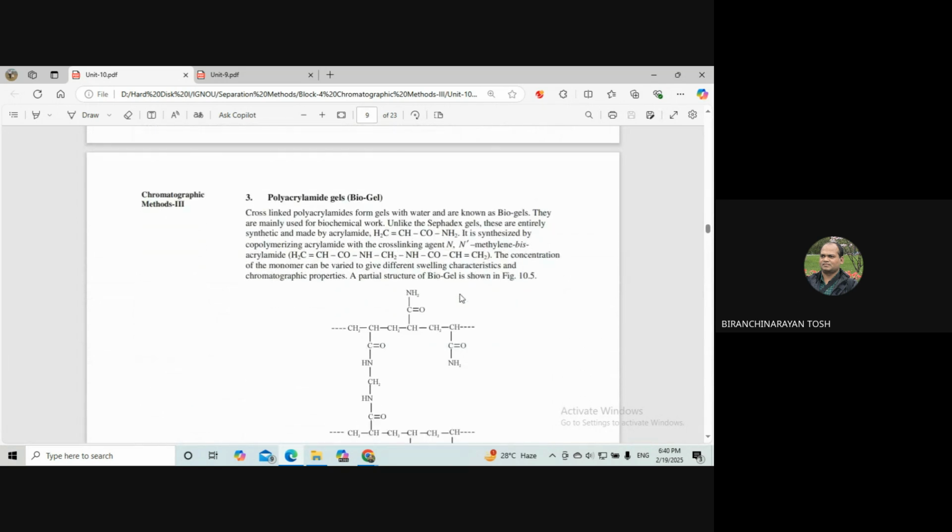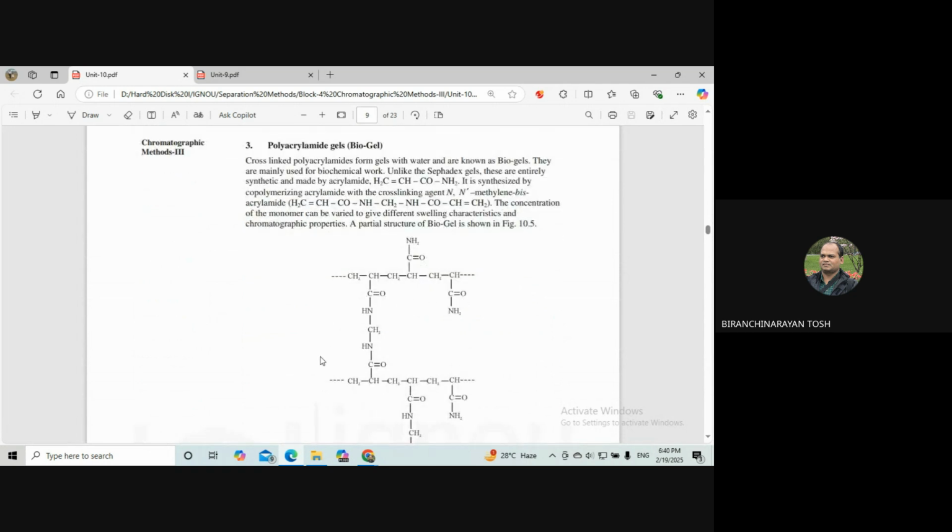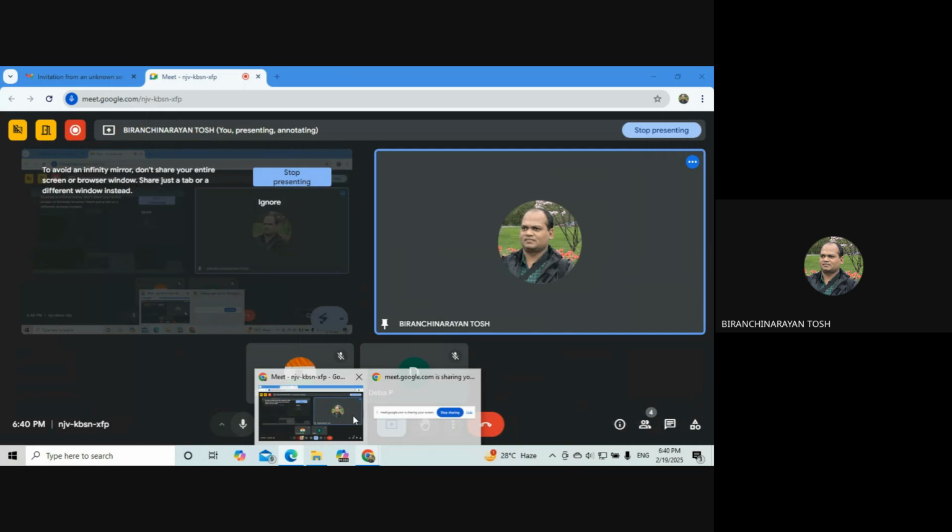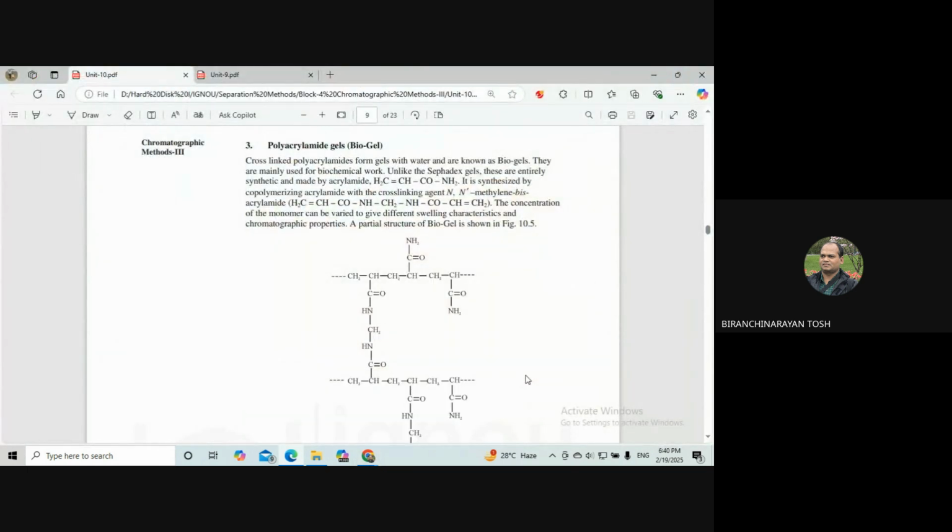Then polyacrylamide gel, that is, biogels. Cross-linked polyacrylamides form gels with water and are known as biogels.